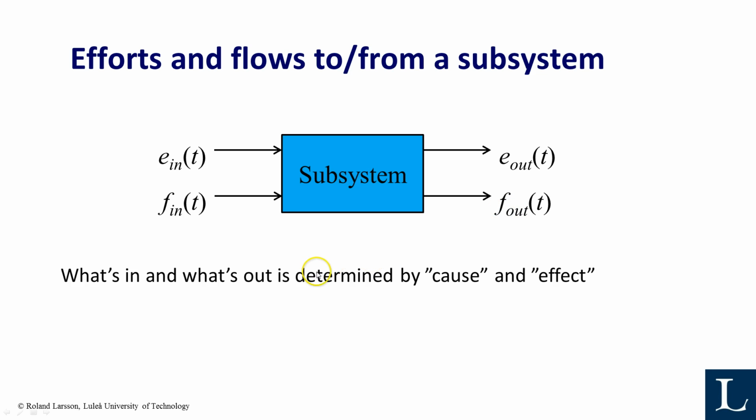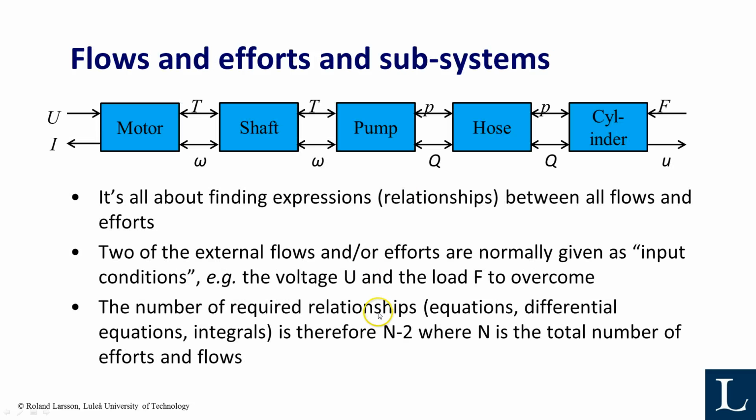What's in and what's out is determined by cause and effect. So if we go back to the example, we had the motor, the shaft, the pump, the hose, and the cylinder.